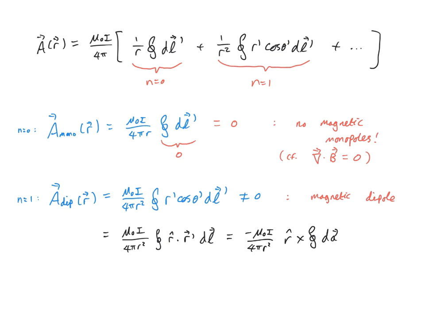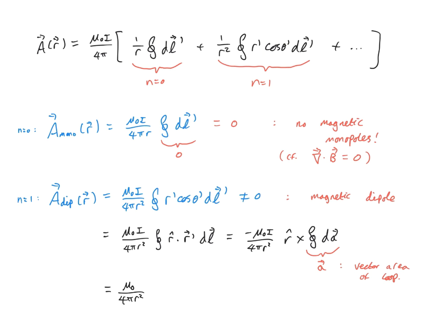It's like just a geometrical factor. So this integral over the vector area, we'll just call that A. It's the vector area of the loop.